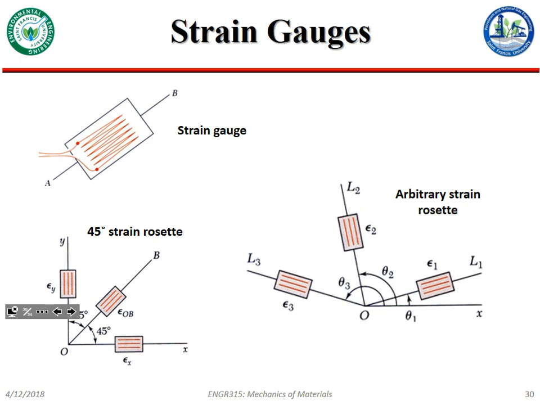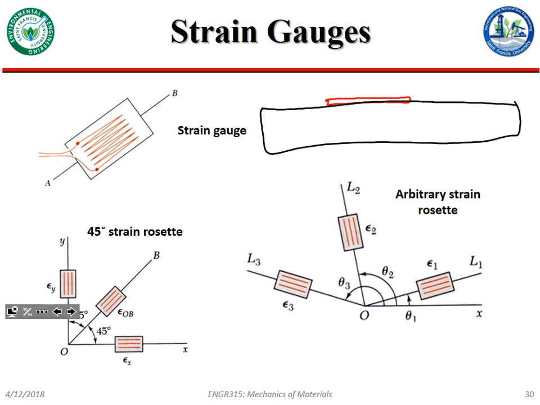This guy is just a little piece of wire running back and forth inside of a film. You guys can pass this around if you want. In the classic way of using these, you take your gauge, so that's like a side view of a gauge, and you glue it down to your test specimen.